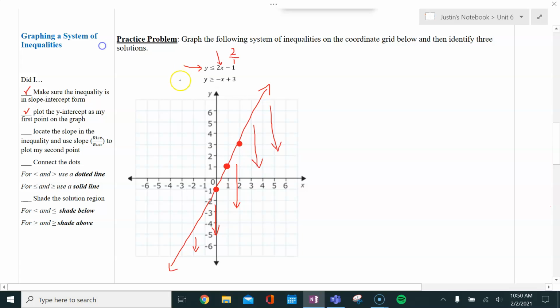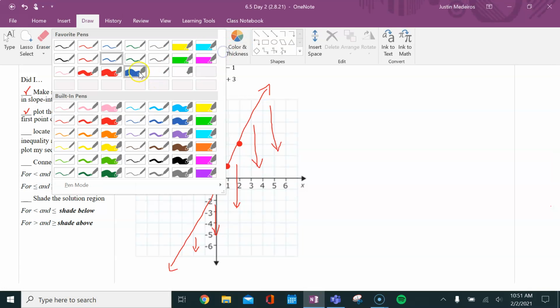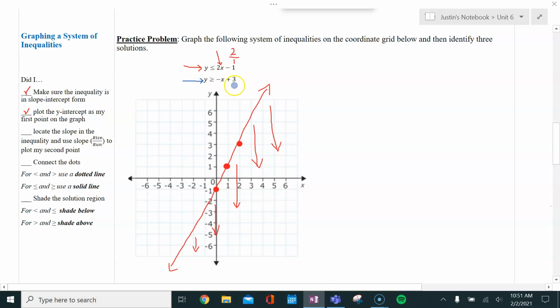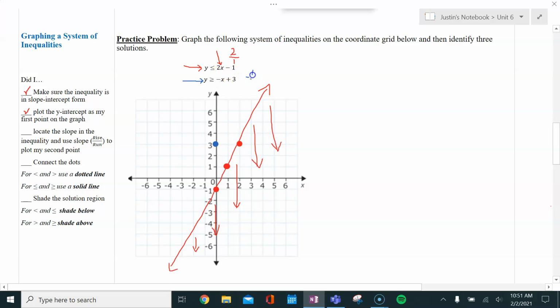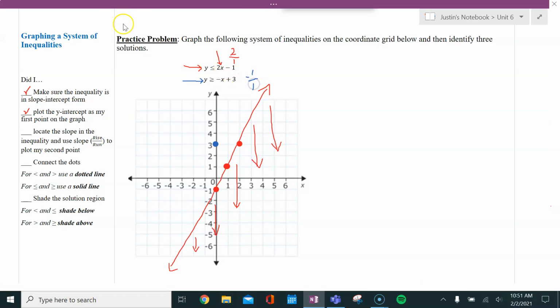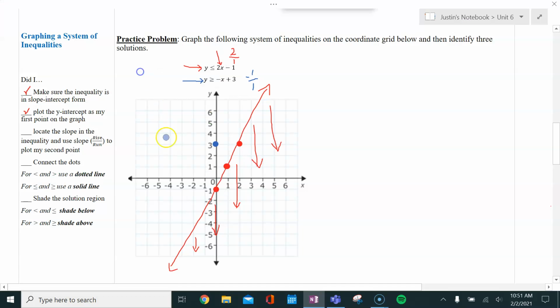For my second inequality, I'm going to draw it in blue. Once again, starting with my y-intercept, and that's the last number, which is 3. My slope is -x, which means there's an invisible 1 in front, and that means my slope is -1 over 1. So I go down 1 over 1.